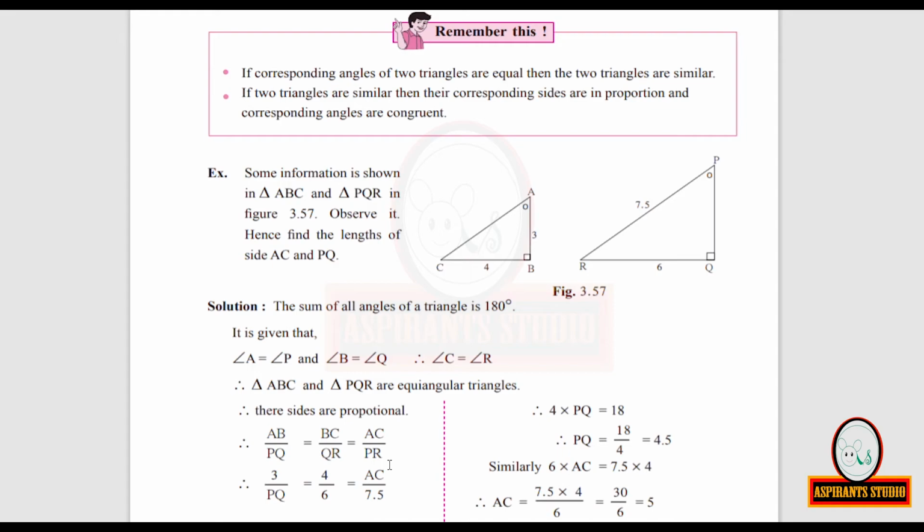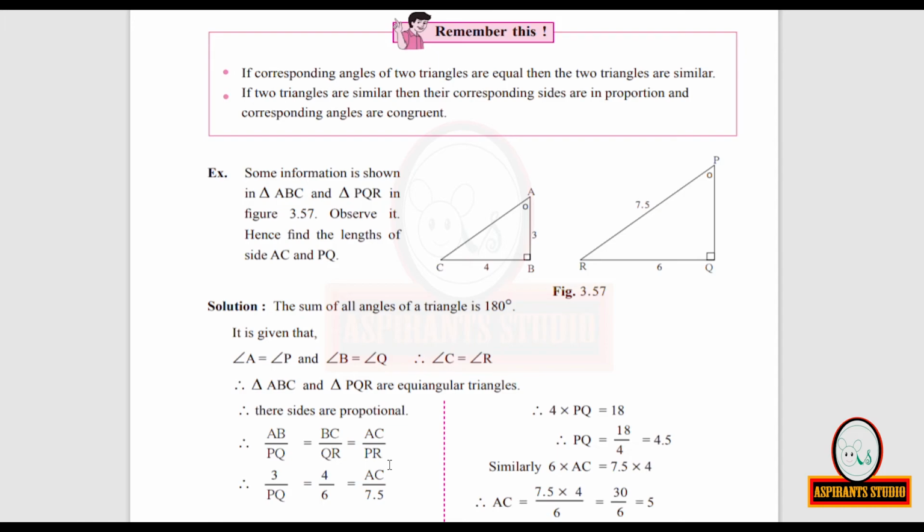AB is 3, it is given in the figure. BC is 4, QR is 6 and PR is 7.5. Now all these are given in the figure. So put all these values over here in this equation.